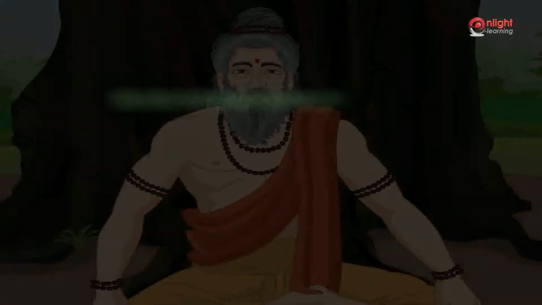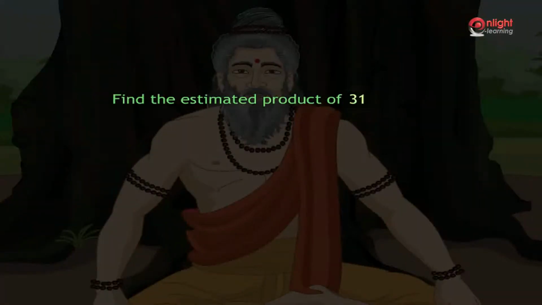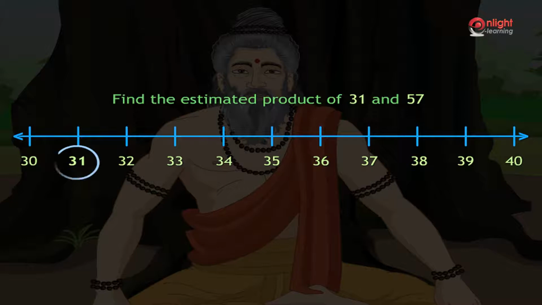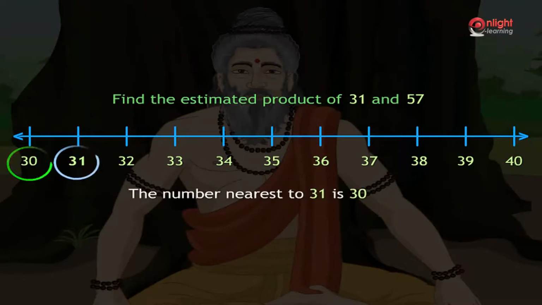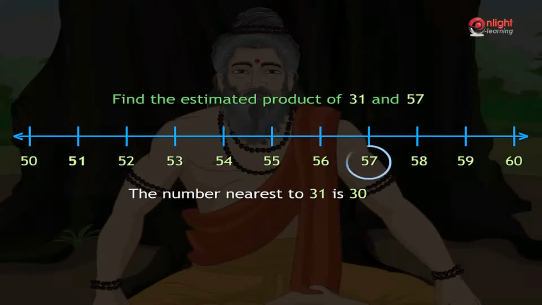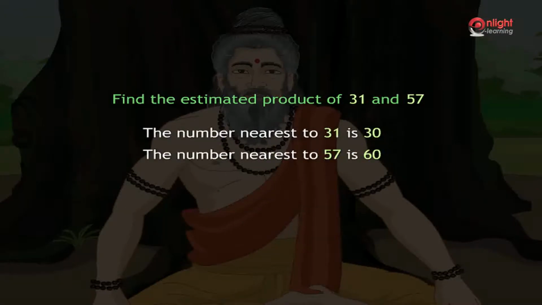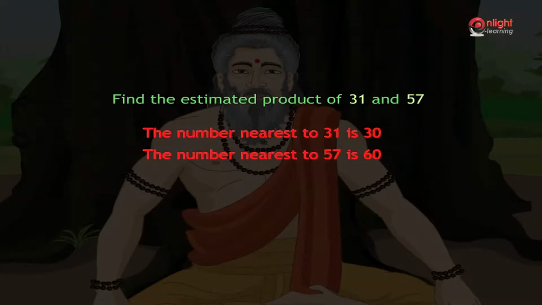Let us find the estimated product of 31 and 57. To do this, we round off both numbers to nearest 10. Children, tell me to which multiple of 10 is 31 close? It is closer to 30. To which multiple of 10 is 57 close? It is closer to 60. Good. The number nearest to 31 is 30 and to that of 57 is 60.